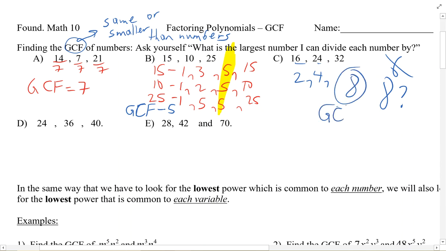Now, I just showed you 3 methods. Number 1 is just by inspection. You can just look at it. In a simple question like the first one, it's pretty simple to do. Method number 2 is you list all the factors, and I did that for question B. And the last one, number 3, is guess and check.